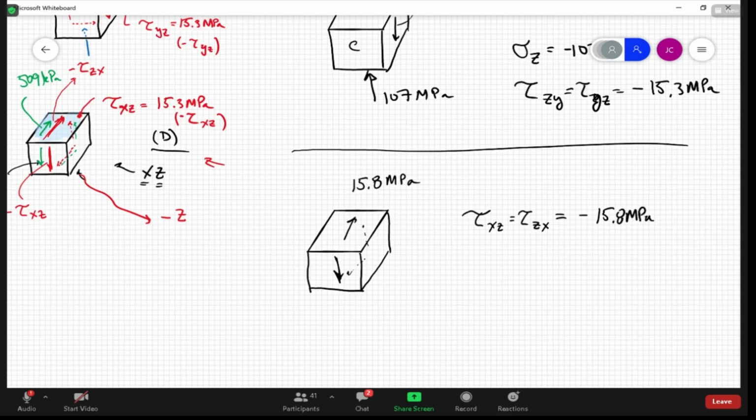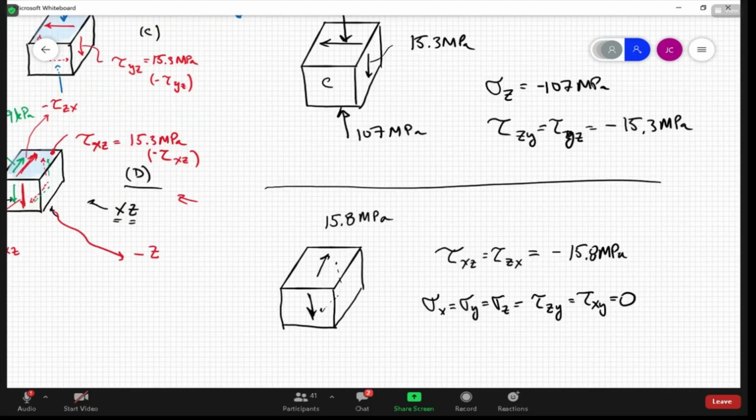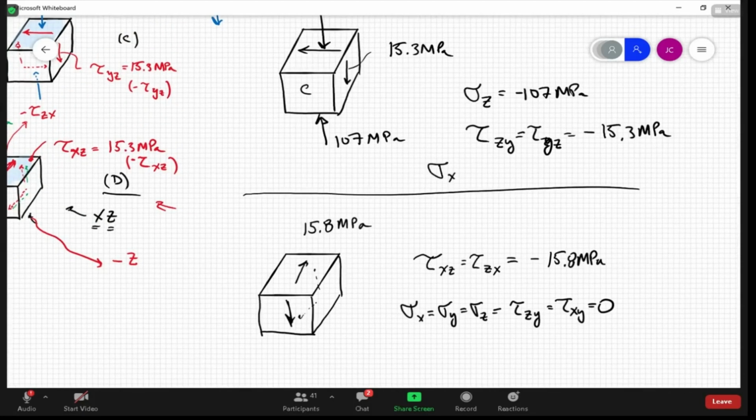All other components are zero, right? And likewise up here, all other components are zero. Sigma x equals sigma y.